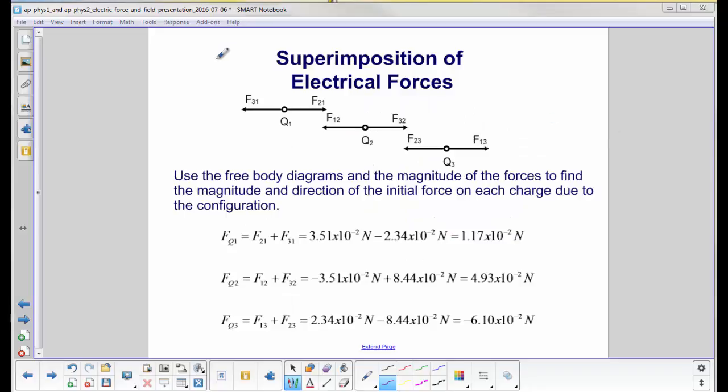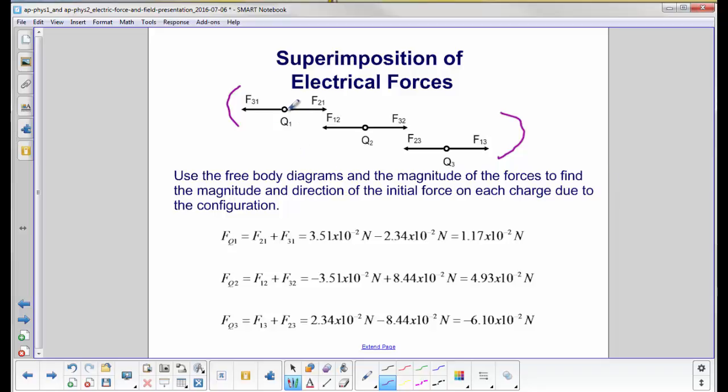We now have the free body diagrams up here, which give us the directions of the forces, and we have the magnitudes of each force. And remember, the magnitude of F21 is the same as the magnitude of F12. It is now time to add up all the forces for each charge.